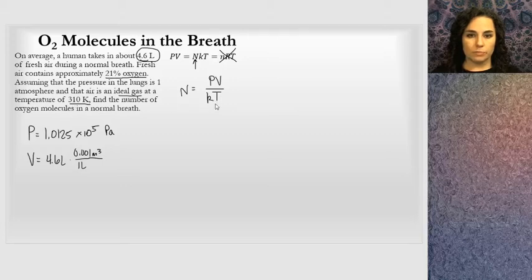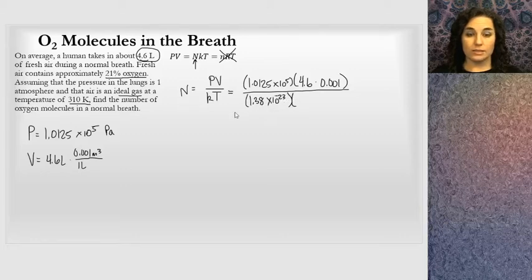They've given me the temperature in Kelvin, and I know K. So I'm going to go ahead and plug in some numbers. 1.0125 times 10 to the 5th times the volume, 4.6 times 0.001. And then I'm going to divide by K. K is 1.38 times 10 to the negative 23rd, times 310 Kelvin is the temperature.